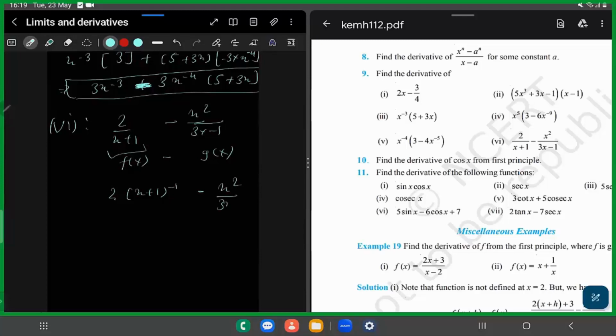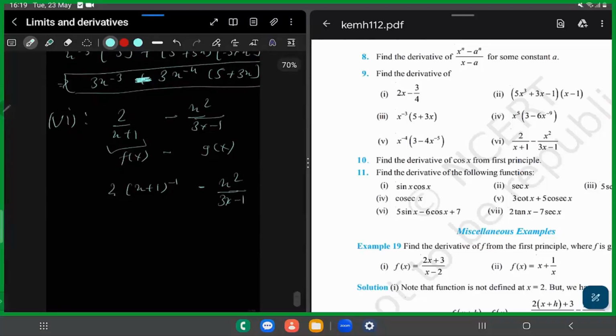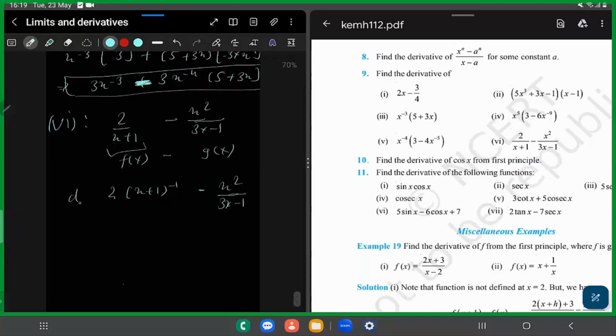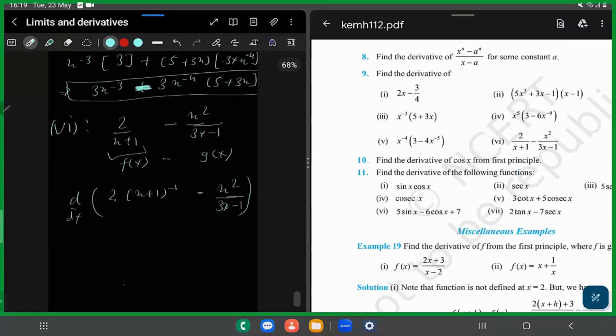Now to differentiate this function we can simply use the formulas for differentiation. The derivative of 2 times (x plus 1) to the power minus 1 would be minus 2 times (x plus 1) to the power minus 2.